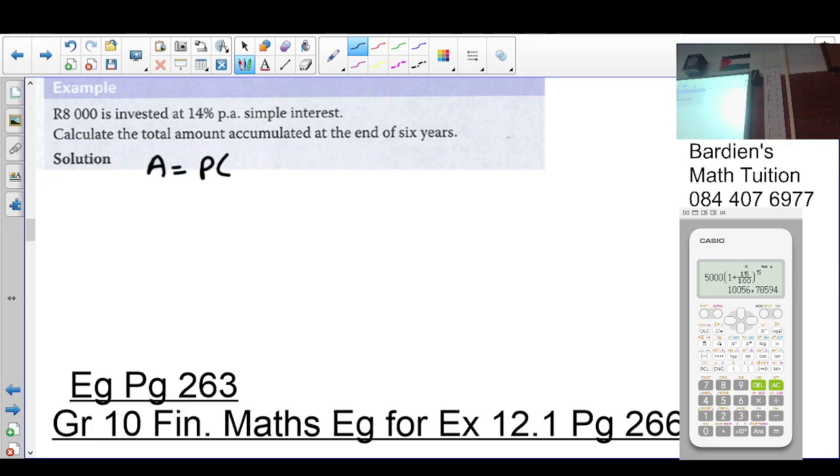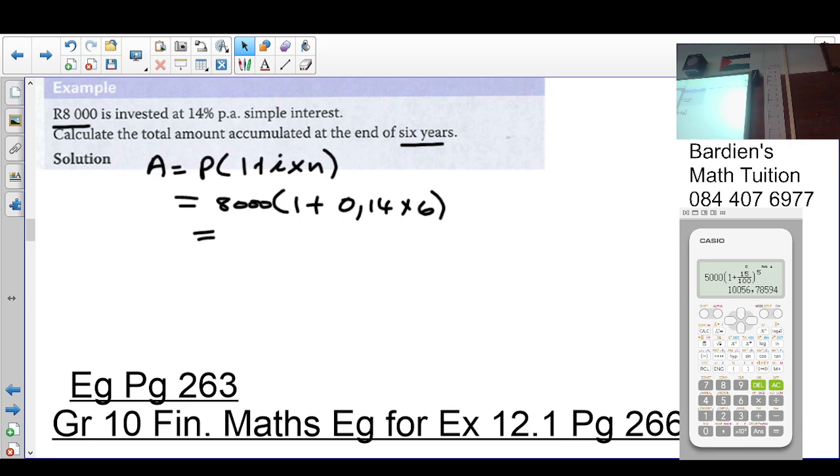A is equal to P into 1 plus I times N. The principal, of course, is 8,000 rand, so it's 1 plus I, which is 14%, in other words 14 over 100. Now, I'm not going to write 14 over 100 all the time. I'm just going to say 0.14 times N. How many is that? 6 years.